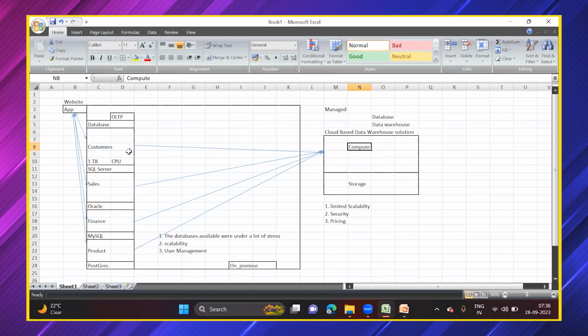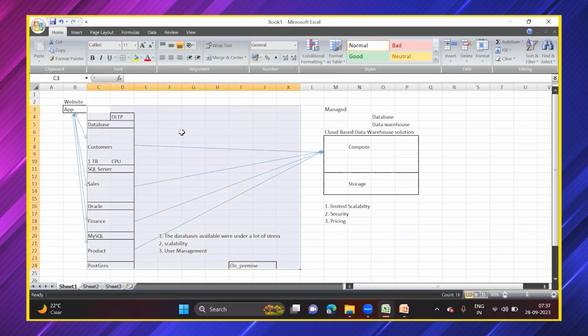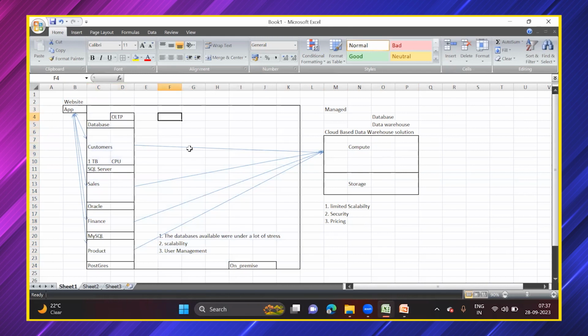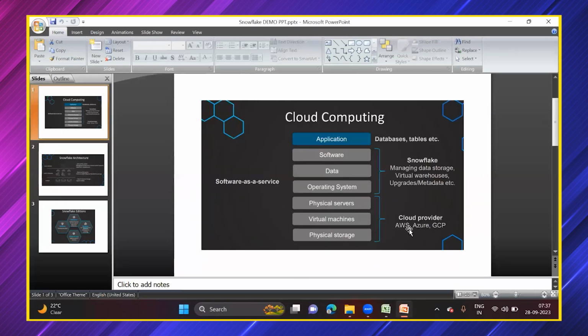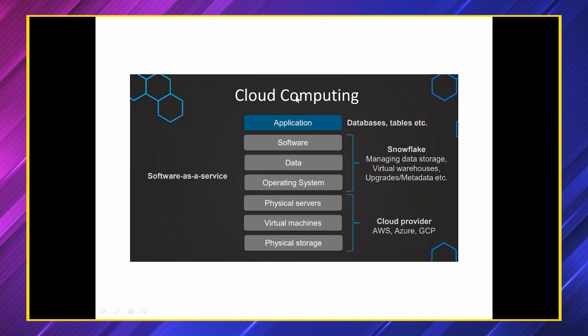Again, one more thing you can see over here is that the on-premise system had a lot of issues. One more thing which was lacking is that everything was managed by the client. Because we have talked about the stack, here you can see that whenever we talk about the normal setup, this is not cloud computing.